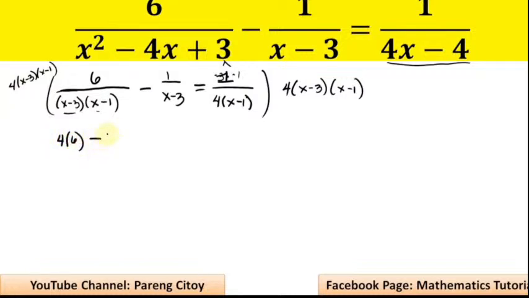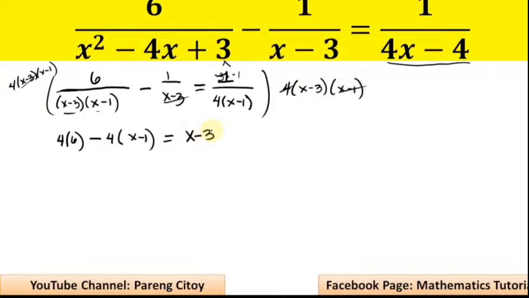Then subtract, ito, ma-eliminate, so magiging negative 4 times 4 or x minus 1. Ito, ma-eliminate yung x minus 3, so remaining value is 4 times x minus 1 times 1, so still ito pa rin, equals, ito, 4 times x minus 1, so ma-eliminate ang 4, ito, eliminate, so x minus 3 ang remaining value.